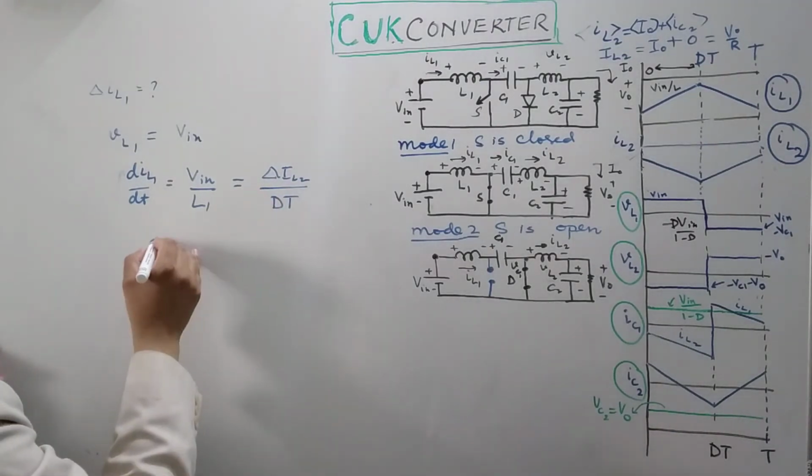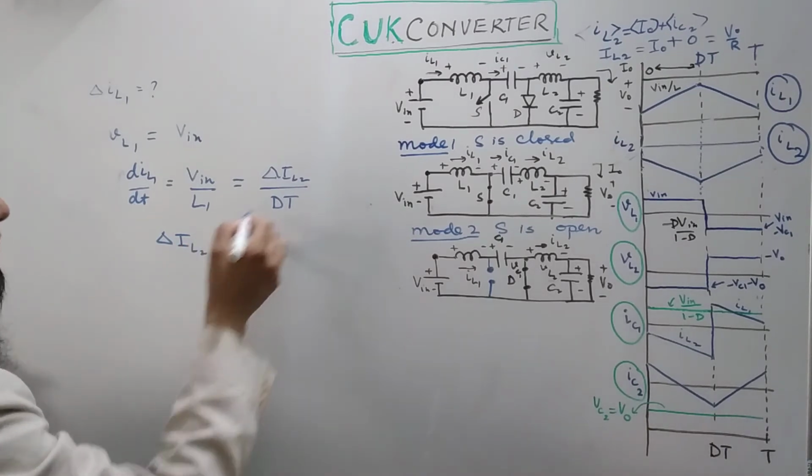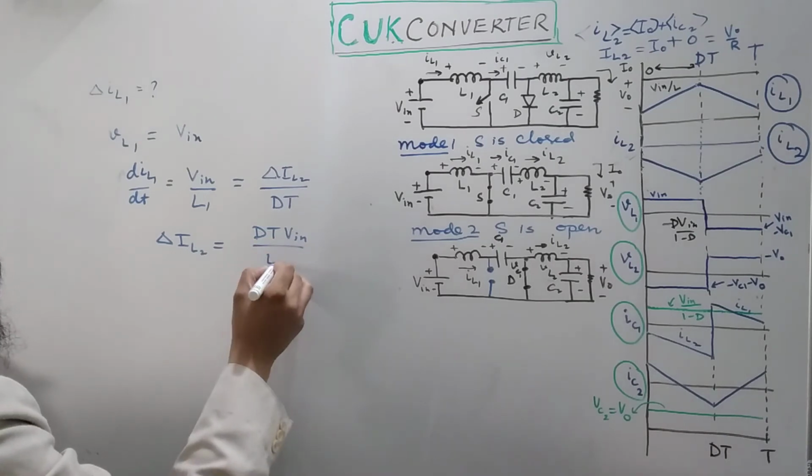So you can easily find out delta IL1 is equal to dT Vin upon L1.